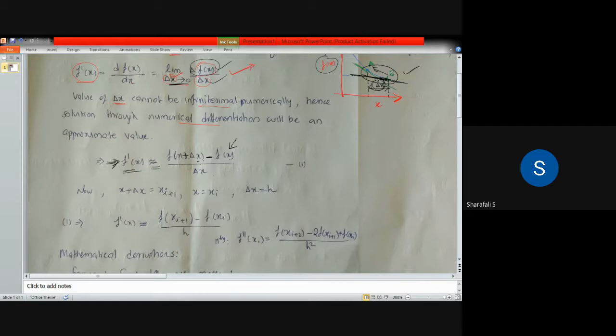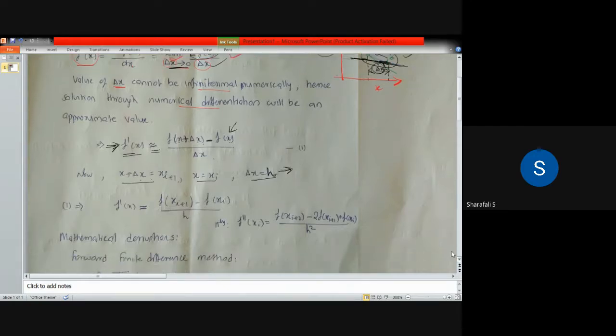So that is the equation for the first derivative of that particular function, where you can also replace x plus delta x with xi plus 1, x with xi, and delta x with h. This is a conventional method that we use.